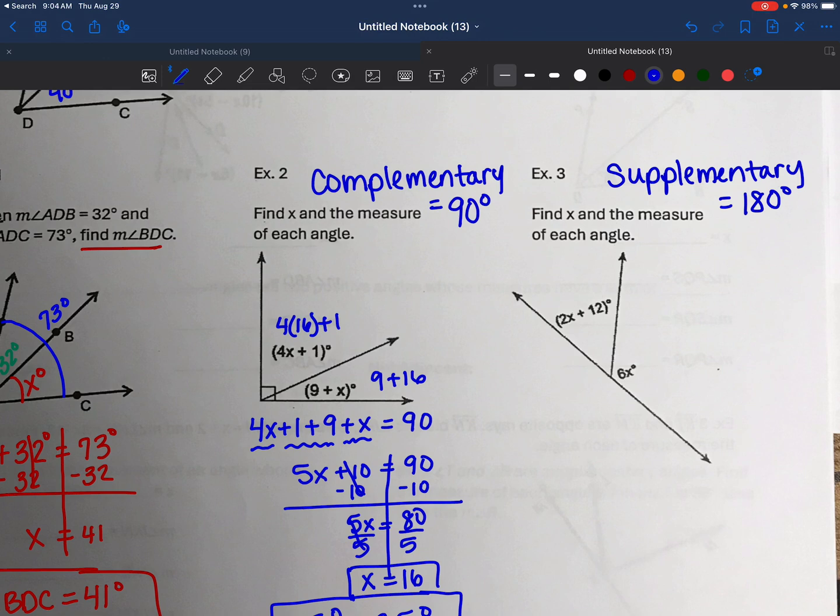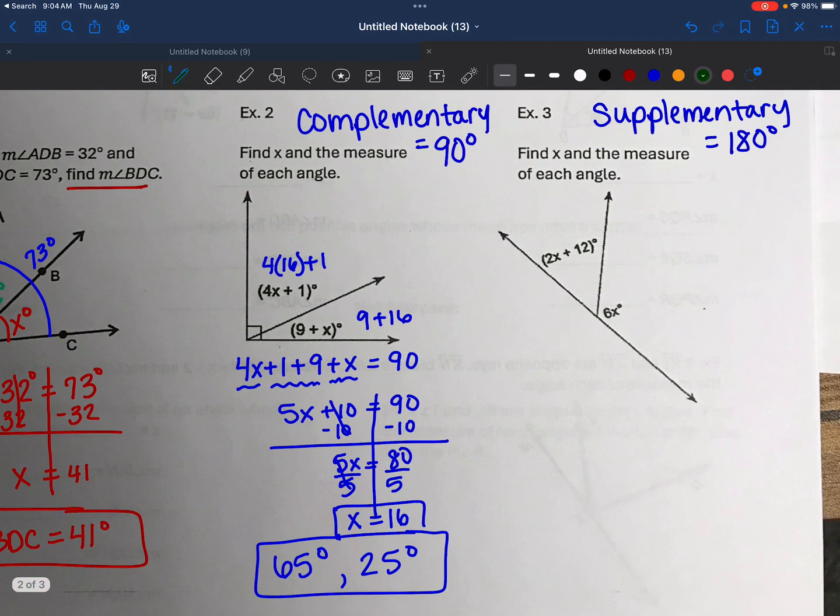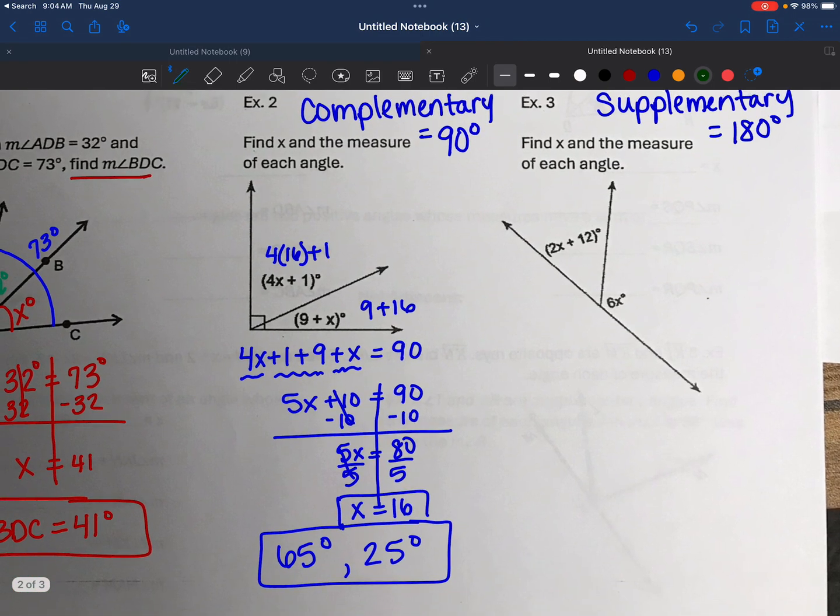It might be something we do later, honestly, but it's okay for us to know now because we're doing it. So, complementary angles are two angles that add to equal 90. Supplementary angles are two angles that add to equal 180. So on example 3, we have two supplementary angles, right? Because they form a straight line. So, similar to how we solved on example 2, how can I set this up to solve for x? 2x plus 12 plus 6x equals 180.